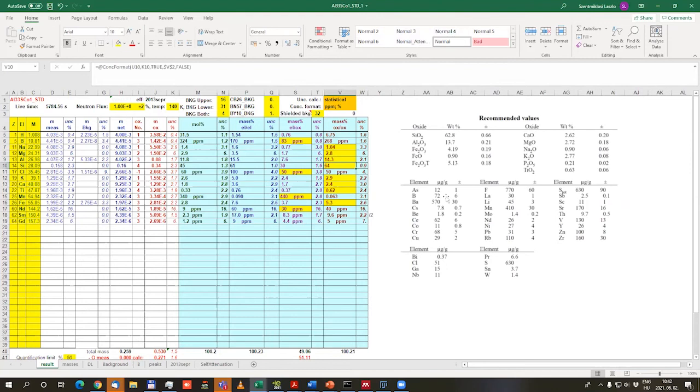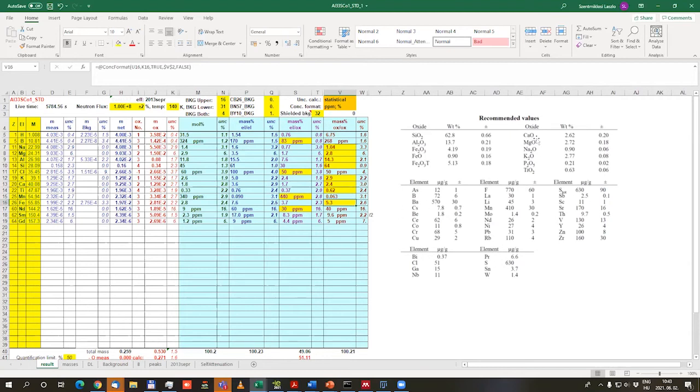We measured 64%. Aluminum oxide is 13.7. We have 14. For iron, we measured this total iron content. We cannot differentiate between iron 2 and iron 3, but this would be 5.1, and we measured 5.3.